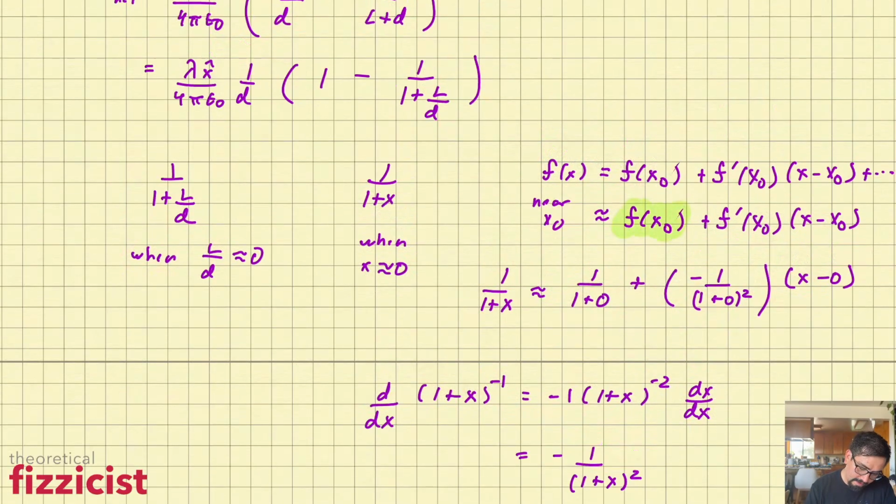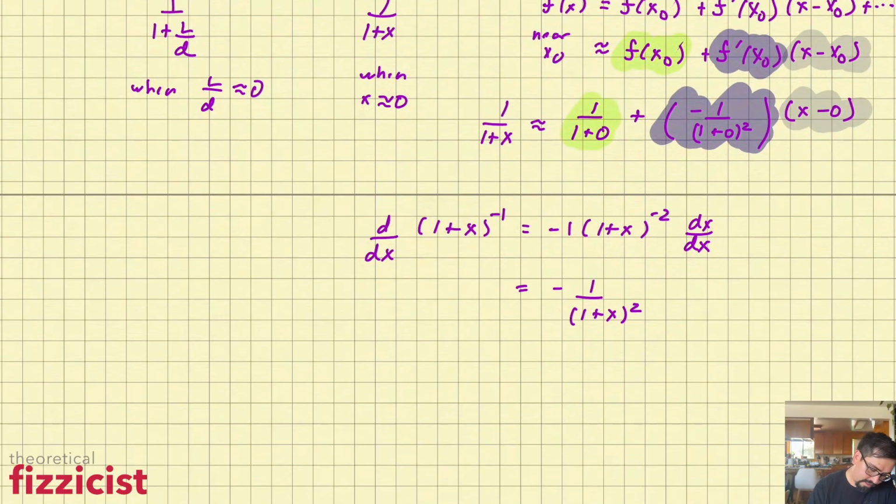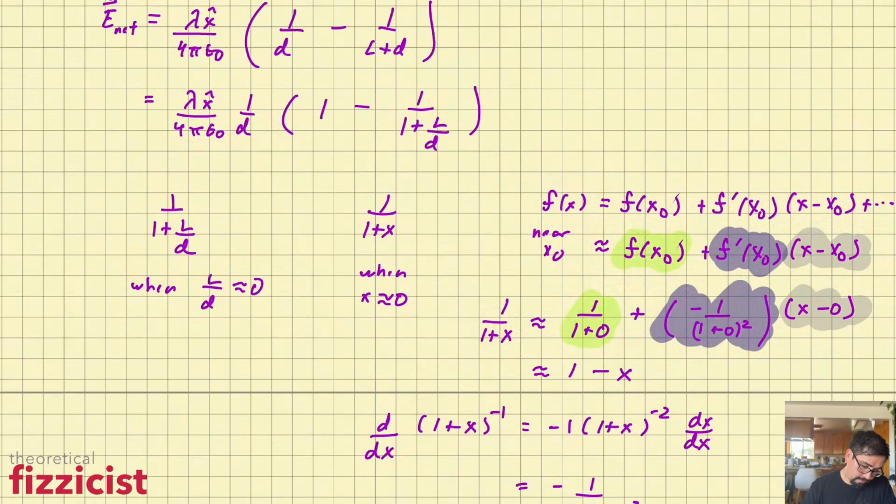So boom, the f of x naught, that's that term right there. The f prime of x naught term, that's that one right there. And then finally, we have our x minus x naught from our Taylor series definition, that one right there. And so you see this all simplifies quite neatly. And what we get is 1 over 1 plus x is approximately equal to 1 minus x when x is close to 0. Beautiful.